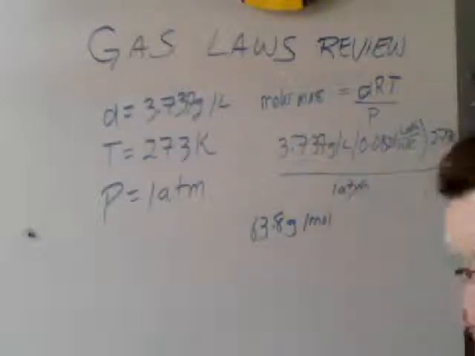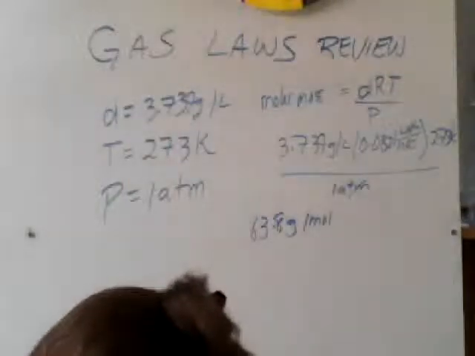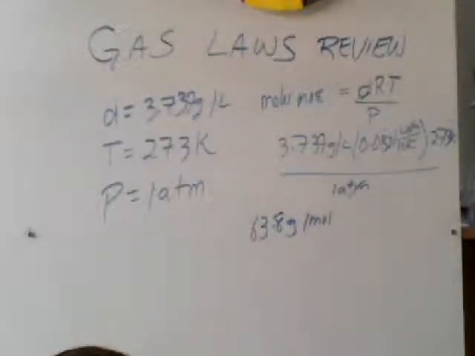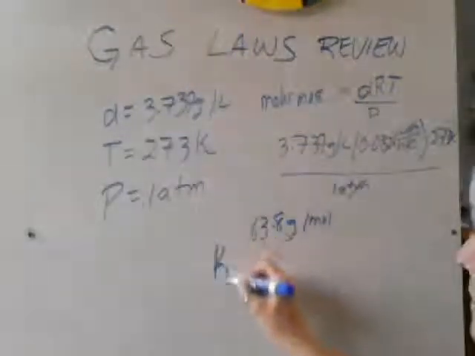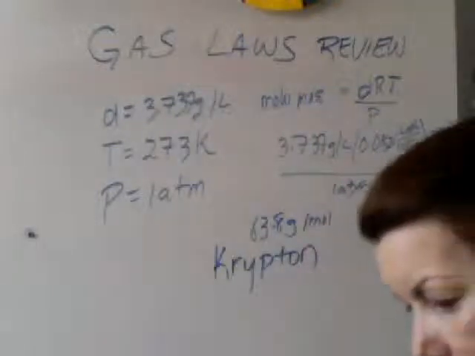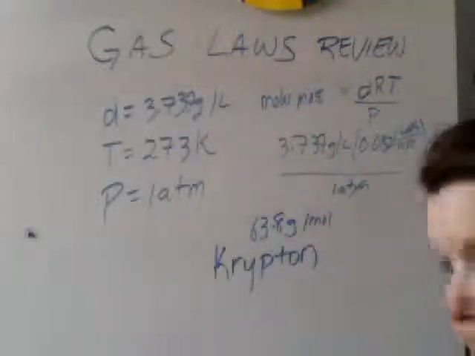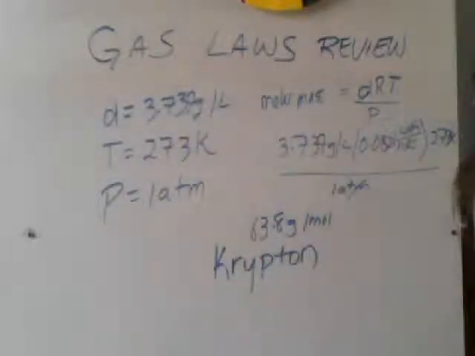And we look at our friend the periodic chart, and we see what has a molar mass of 83.8, and it turns out that the closest thing is krypton. So we can say that, given these situations, the gas we're dealing with is krypton.